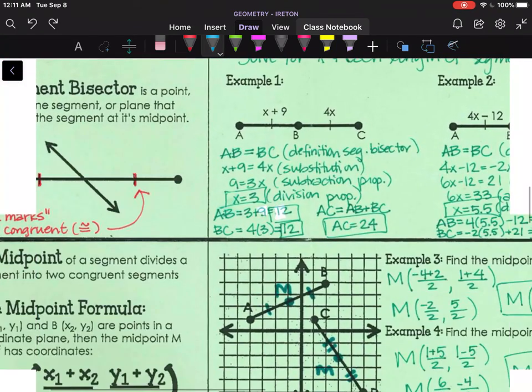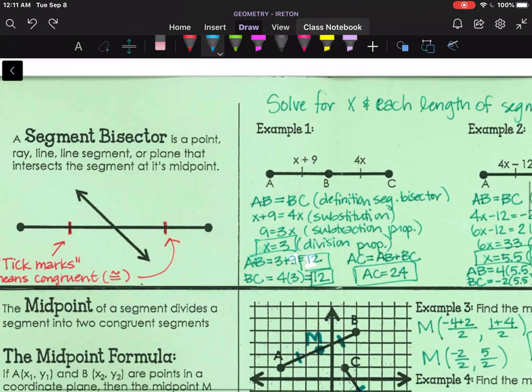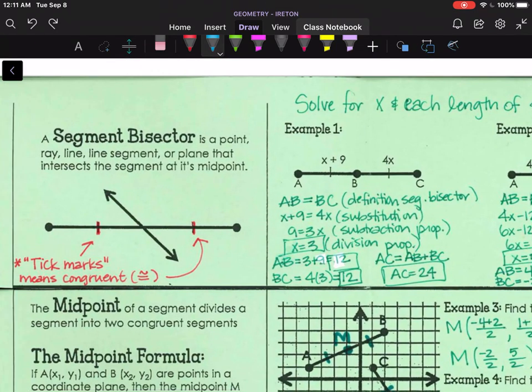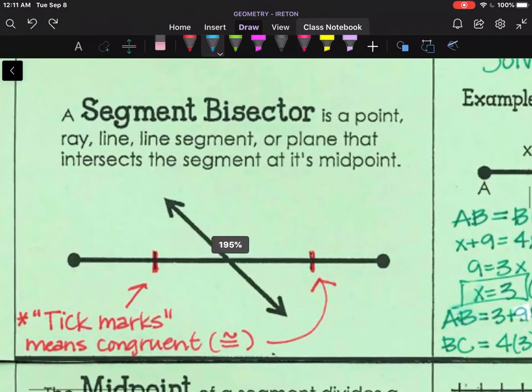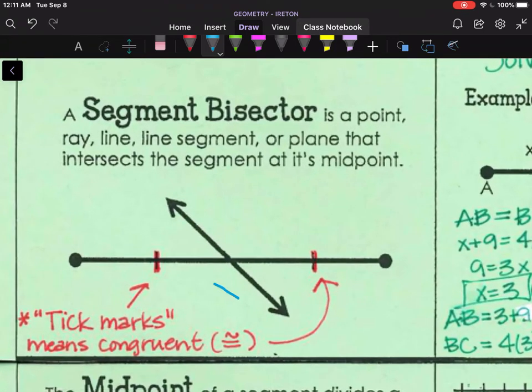And so segment bisector, this used to be a foldable, which is why it kind of looks like this. At any point, again, if you need to pause this, please feel free. I'm going to run through here so the video isn't itself too long, but yeah, I just want to make sure that you pause it if you need to.